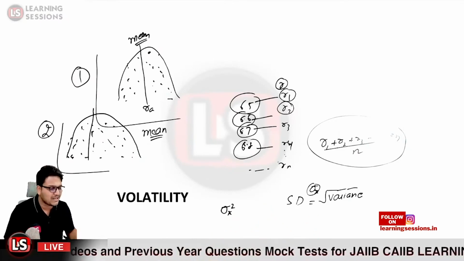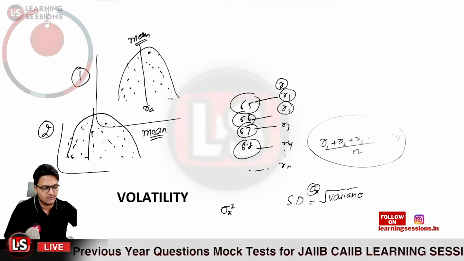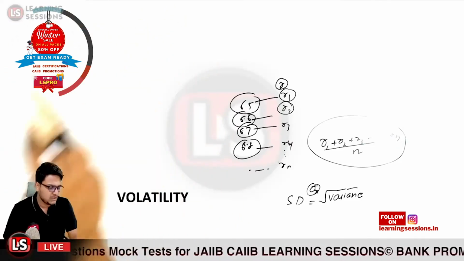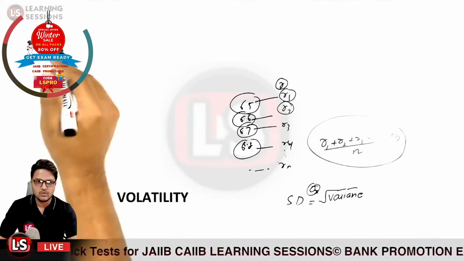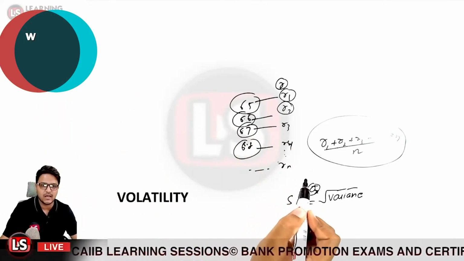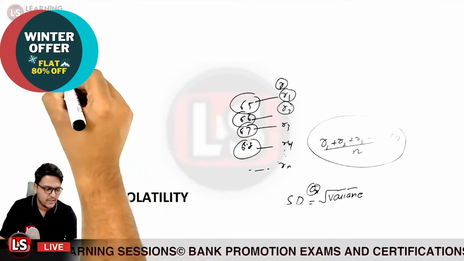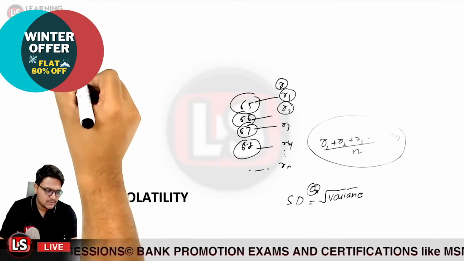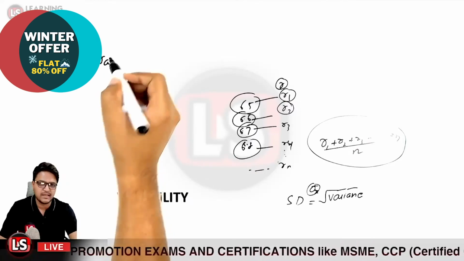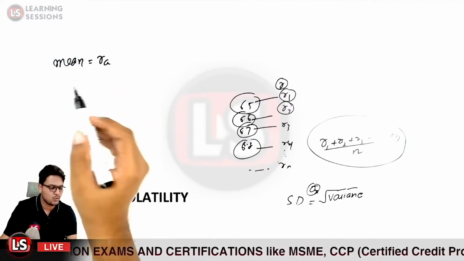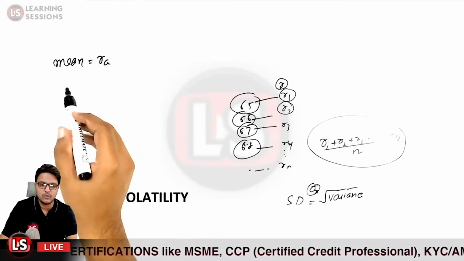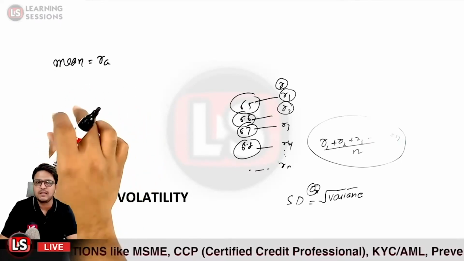Okay, so how can we calculate variance mathematically? Let me give you an idea related to that. Let me first of all clear this all. So we have the different values over here, R1, R2, R3 up to Rn, and we calculated the mean value as Ra. We said the average value or the mean value is equal to Ra. Now in this particular case we are going to calculate the variance.